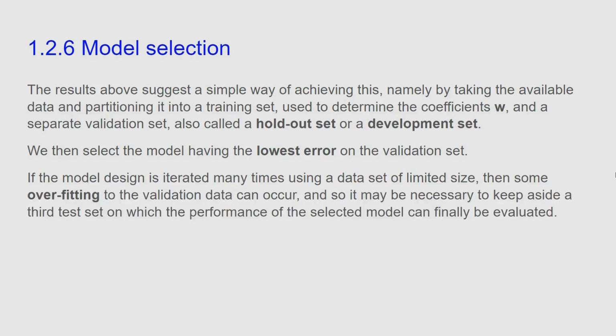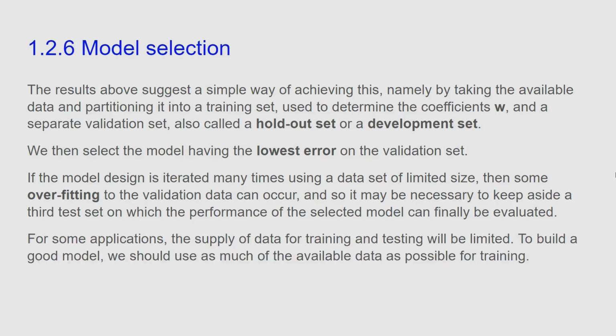If the model design is iterated many times using a data set of limited size, then some overfitting to the validation data can occur, and so it may be necessary to keep aside a third test set on which the performance of the selected model can finally be evaluated.